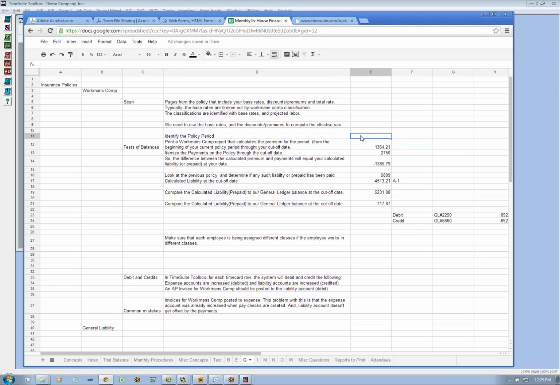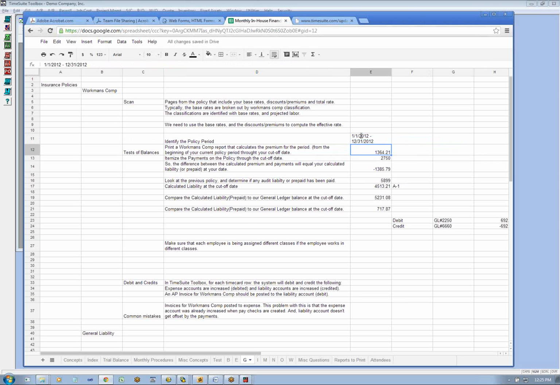So we said our policy period was, identify the policy period, we're going to say 1/1/2012 to 12/31/2012, just as an example. And we pulled our calculated liability, and we pulled our payments, and we said, okay, we should have a prepaid of $1,385, and then we looked at our previous policy.